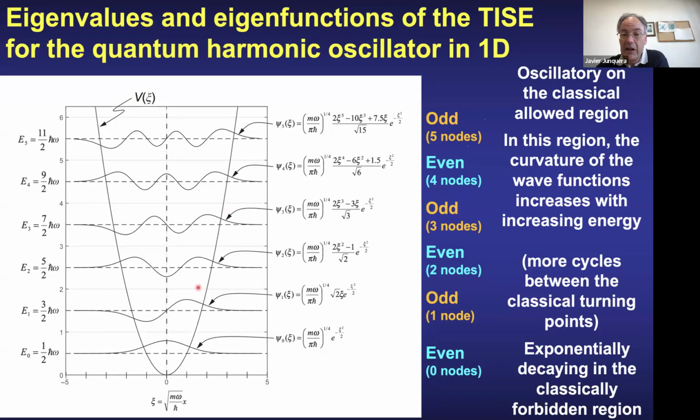And then we can see how the parity of the eigenfunctions is also changing, alternating between even and odd, even for the even n and odd for the odd n in the solution. We can see how the quantum eigenfunctions just oscillate in the classically allowed region.